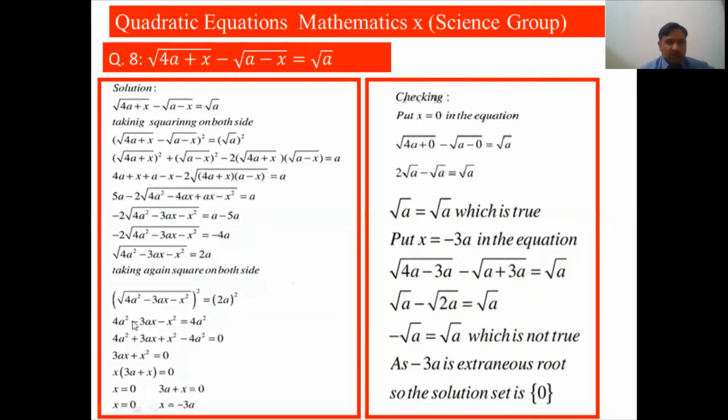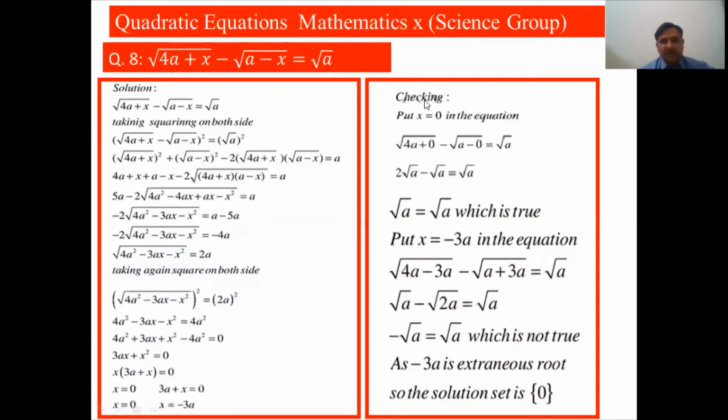So this cancels out with this one, and we are left with 3ax plus x square. So here we can take x as common, so x times 3a plus x is equal to 0. So either x is equal to 0 or 3a plus x is equal to 0. It means if 3a plus x is equal to 0, then x is equal to minus 3a.